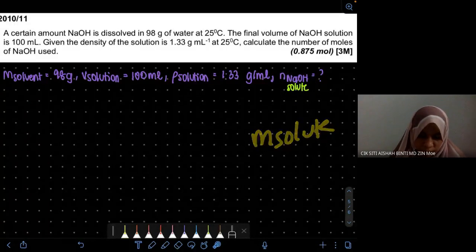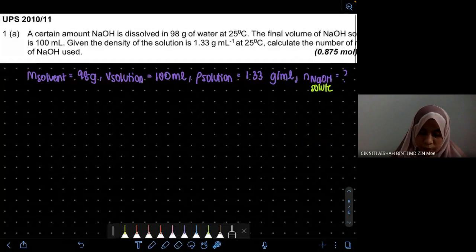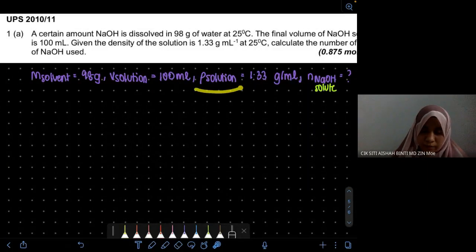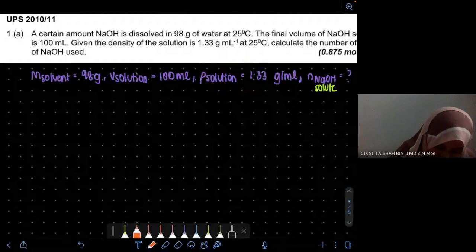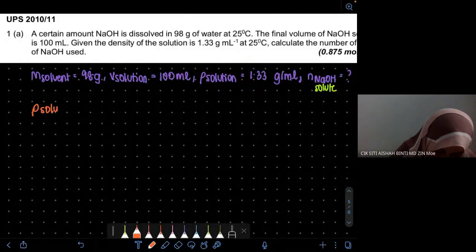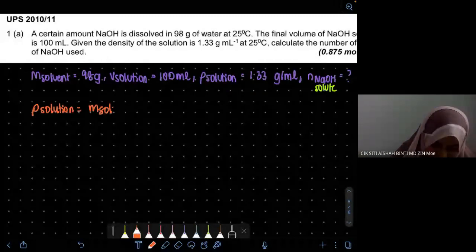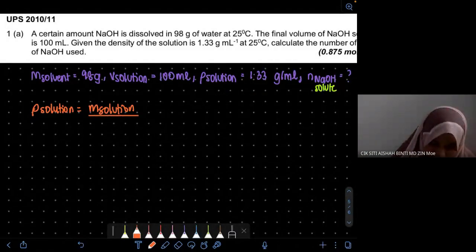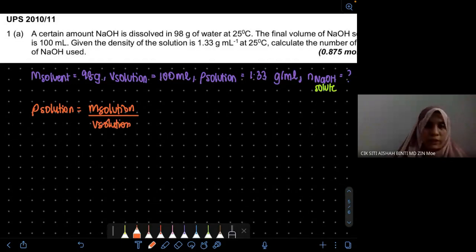So what we're going to do first is from the information, kita ada density. For the density, density of solution is equal to mass solution divided by volume solution. The density of solution given is 1.33.